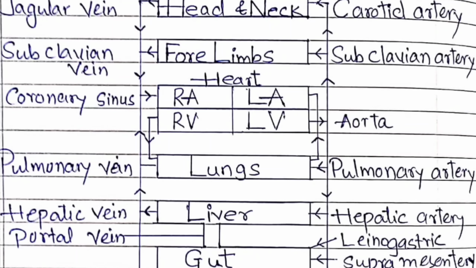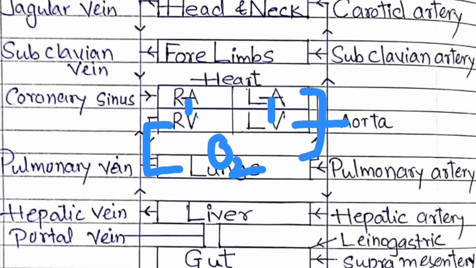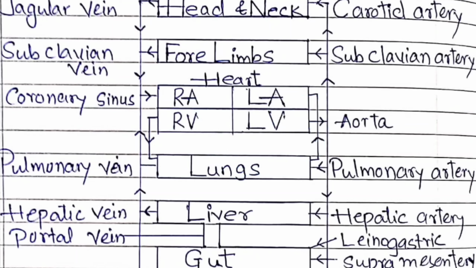Then the blood goes from the right atrium to the right ventricle, then from the right ventricle to the lungs. In the lungs, oxygen is added to the blood and carbon dioxide is removed. Then the blood is sent to the left atrium, then to the left ventricle, and from the left ventricle it comes out by means of the aorta and reaches the different body organs.